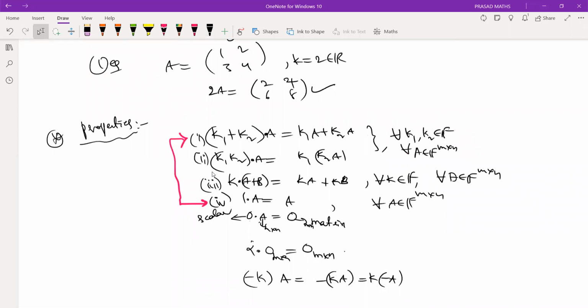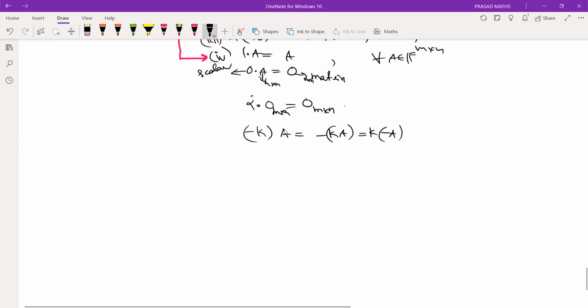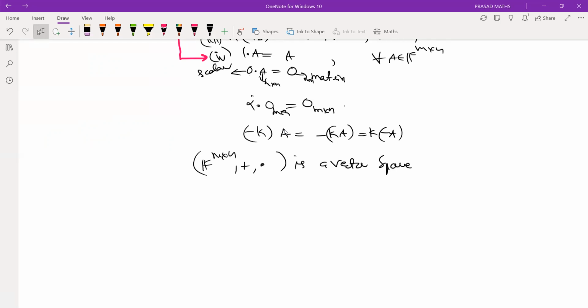The same scalar multiplication satisfies these 4 properties. Therefore, we can conclude that the set of all m by n matrices with respect to addition and scalar multiplication is a vector space. We'll see later that it is a vector space over a field. This is the final conclusion.